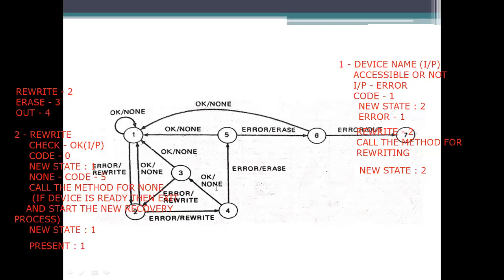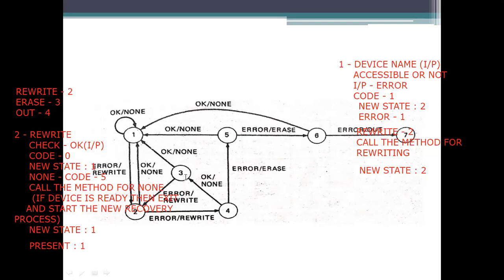Okay, so this transition from 4 to 3 has multiple meanings. That is, two considerations are there. The first consideration is that it is completely rewritten, and the second consideration is that half of the work, or some amount of the work, has been done successfully. Then it allows this to be taken as a recovered one.